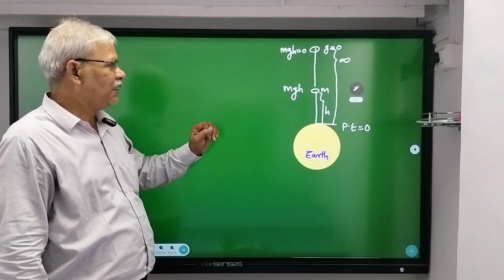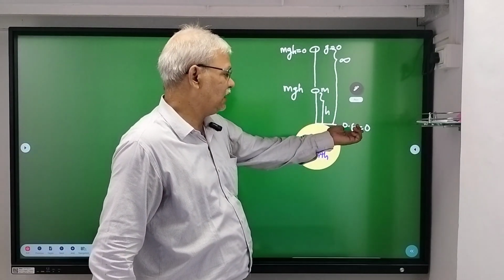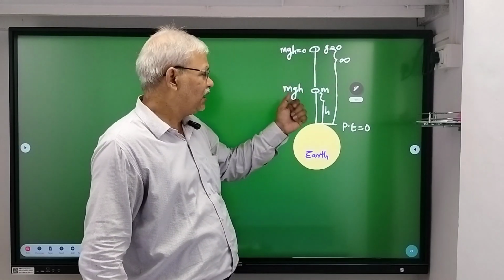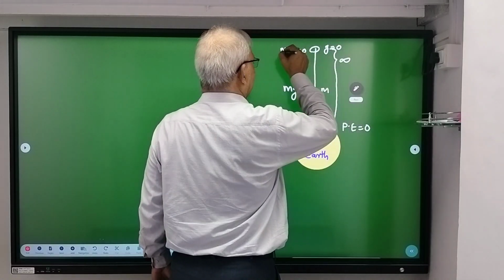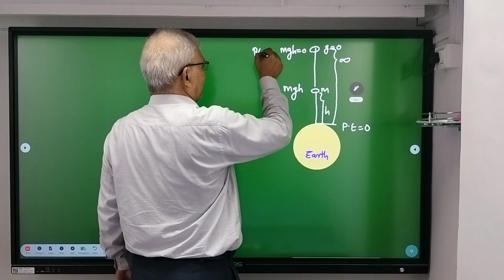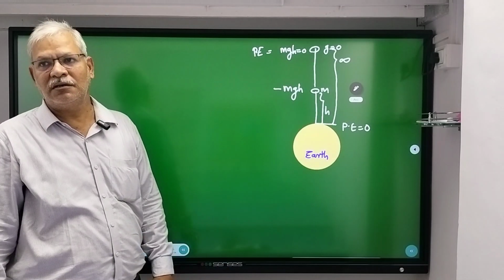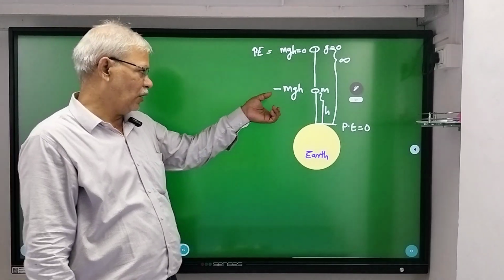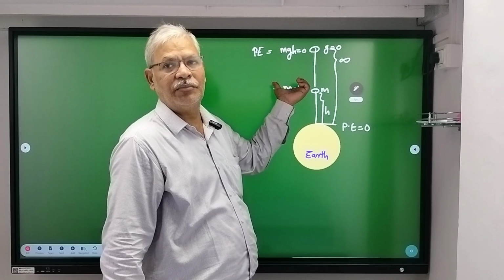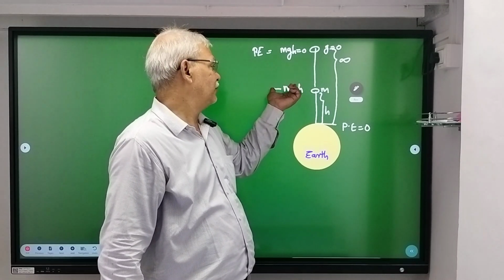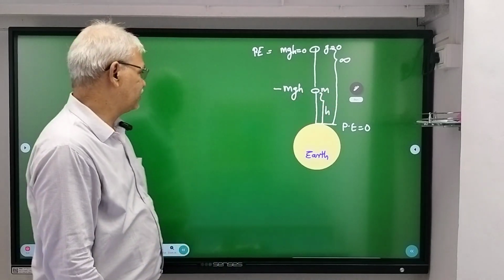It means that the value of potential energy here is 0, here also it is 0. It means that this value of the potential energy should be considered as 0 and this value of energy is considered to be negative. Means the object at height h, its potential energy will be negative or minus mgh. Okay, that I am going to explain here.